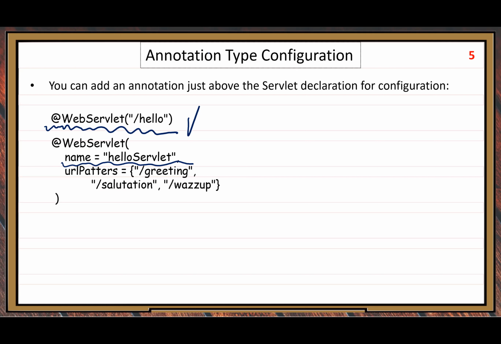If you eliminate it, there are several special things the annotation way cannot do, but the old XML way can do. You have no way to do it with annotations, but the XML way can do it.